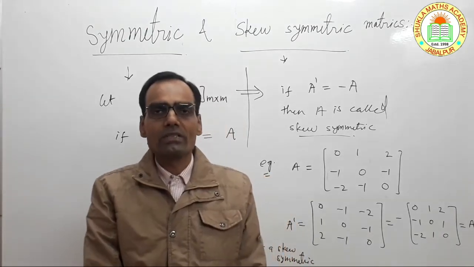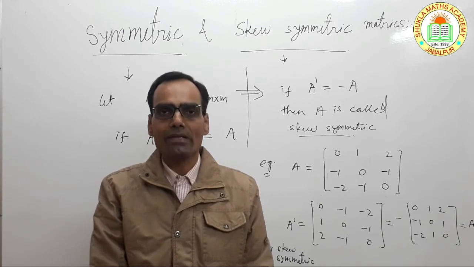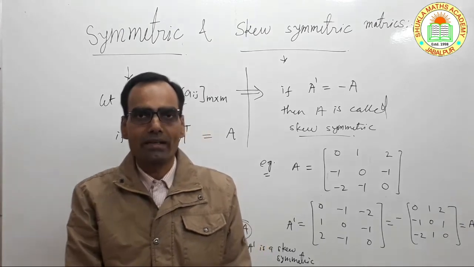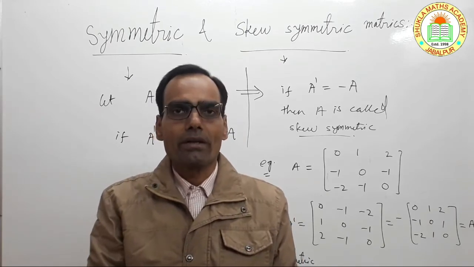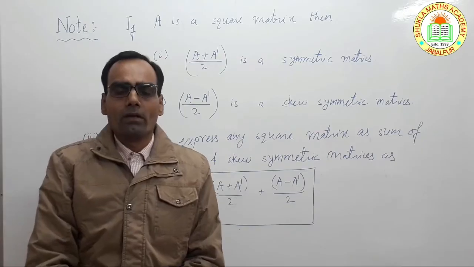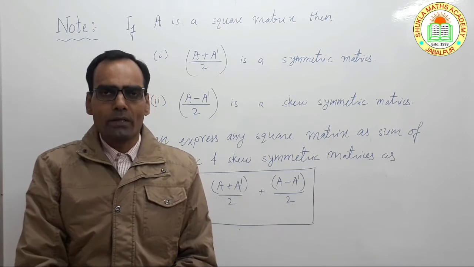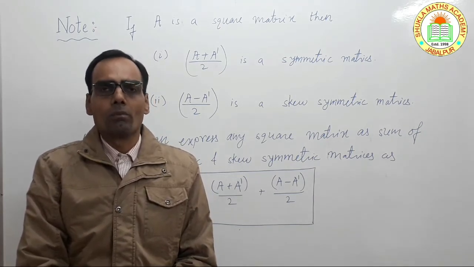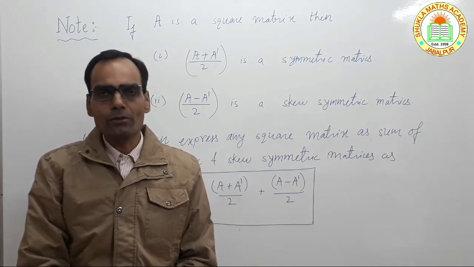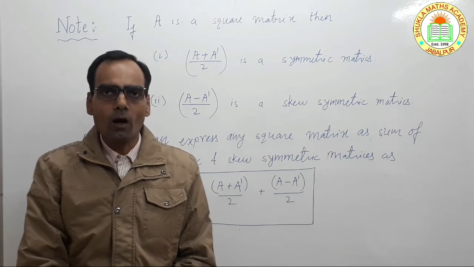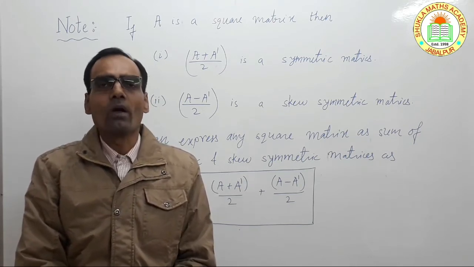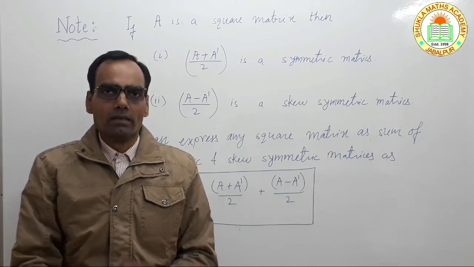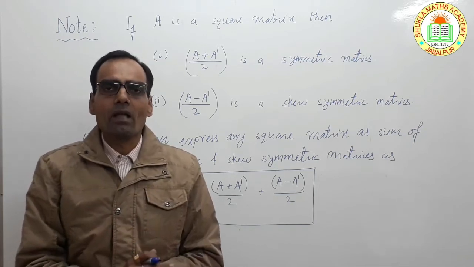And after that we will see that how we can express a square matrix into the sum of symmetric and skew-symmetric matrices. And dear student, here a very important note based on the symmetric and skew-symmetric matrices and how we can express a square matrix into sum of symmetric and skew-symmetric matrices.